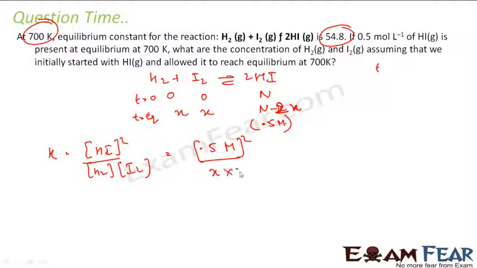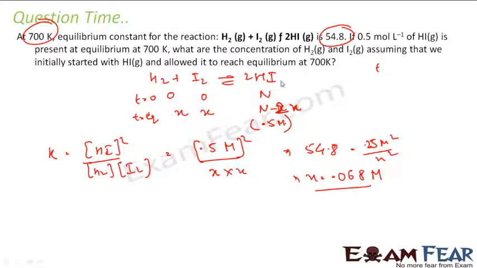You solve for x, because Kc is given as 54.8, which is 0.5 squared, that is 0.25 M squared, by x squared. So you solve this, you get x is 0.068 M, that is 0.068 moles per liter.